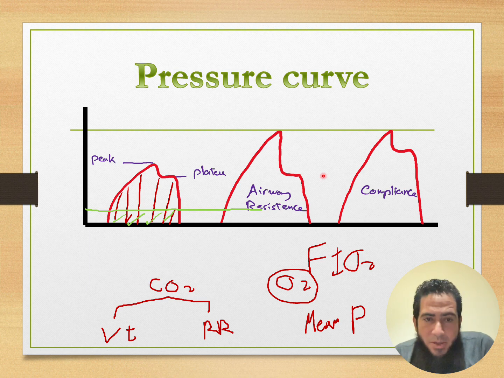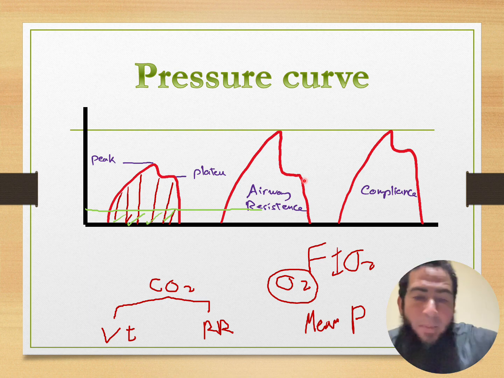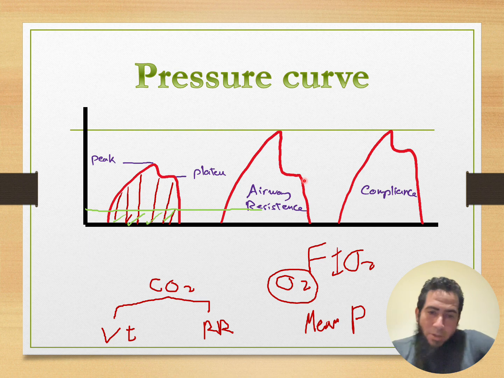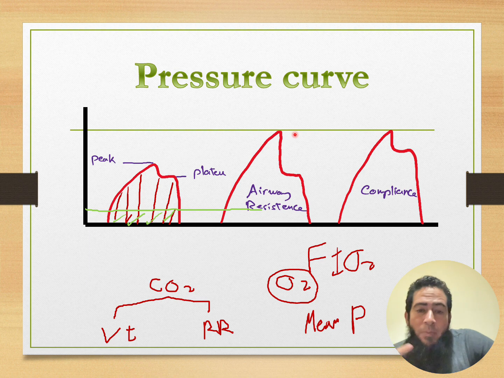If the plateau pressure is normal, for example in this curve, and the peak pressure is very high, and the difference between them is more than 15 centimeters of water, that means there is a high possibility of airway obstruction. Because the peak pressure is caused by airway resistance, and that includes any blockage of the tube, okay, any bronchospasm, so anything that can cause increased airway resistance.